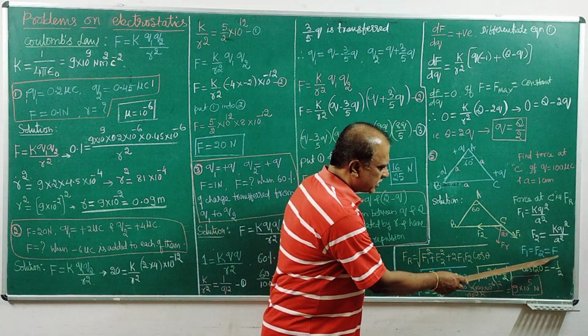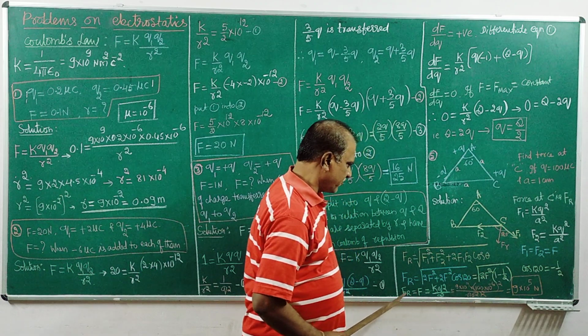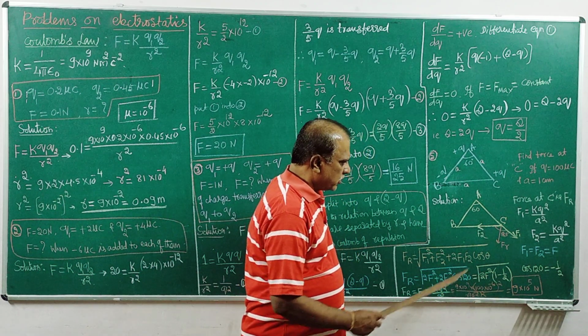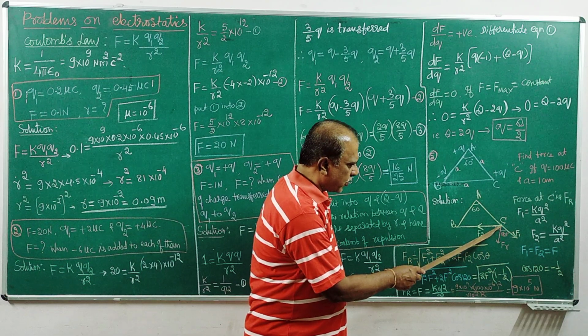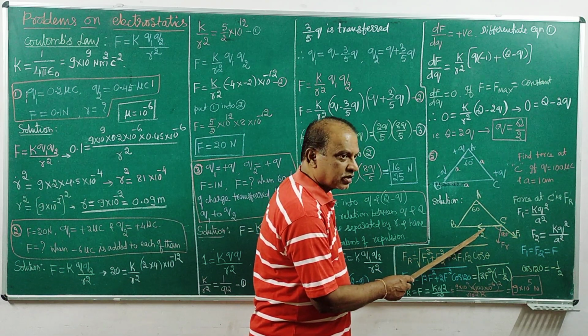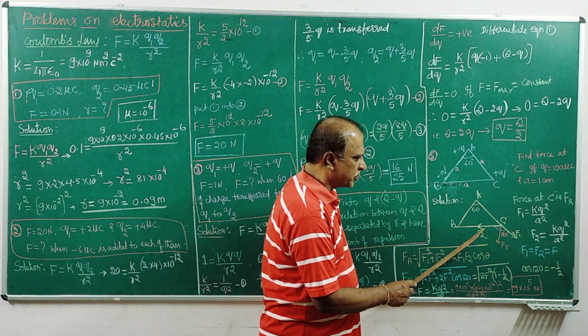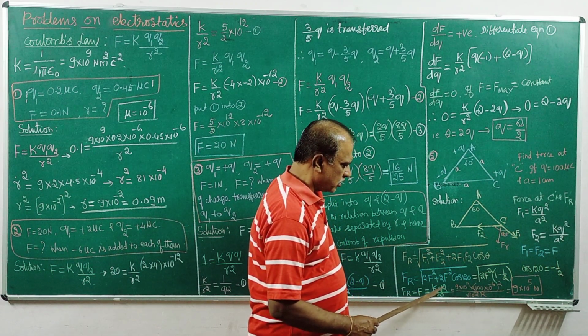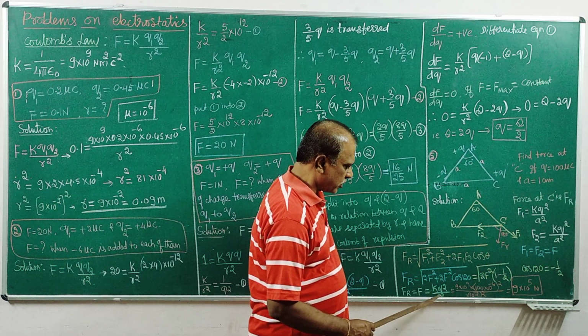What is the resultant force? F is equal to this. The resultant force at this point, the vector sum of these two forces using the principle of superposition, is F only. F is equal to K Q square by A square.